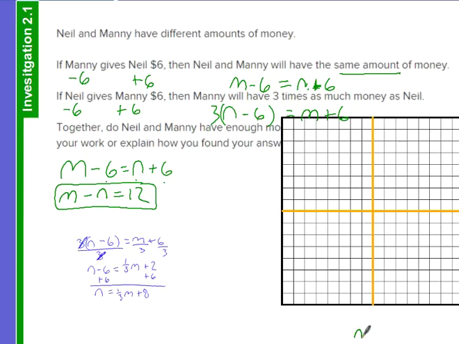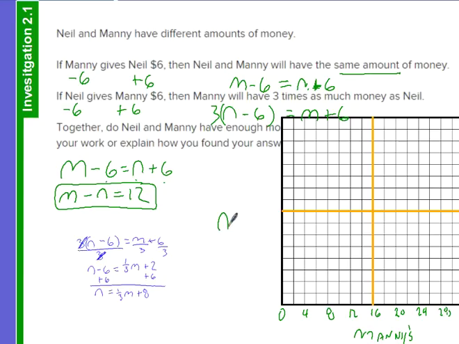So we know that we have Manny's money, and I'm going to count by 2. So 0, 2, 4, 6, 8, 10, 12, 14, 16, 18, 20, 22, 24, 26, 28, 30, 32.